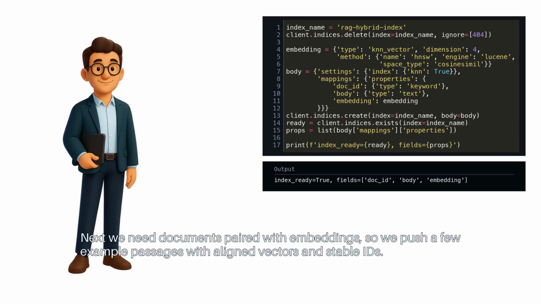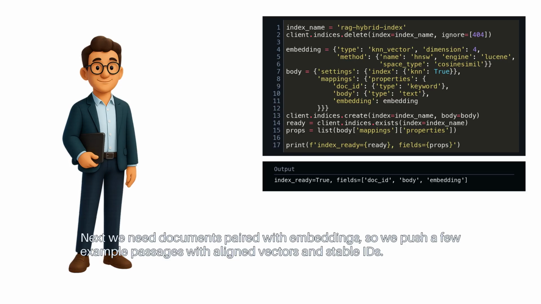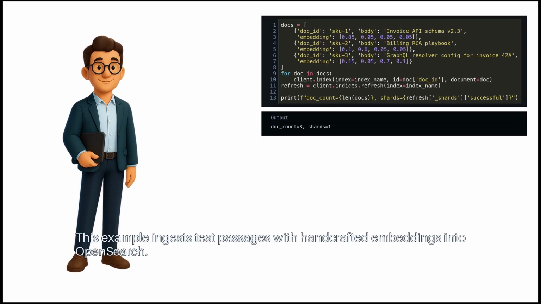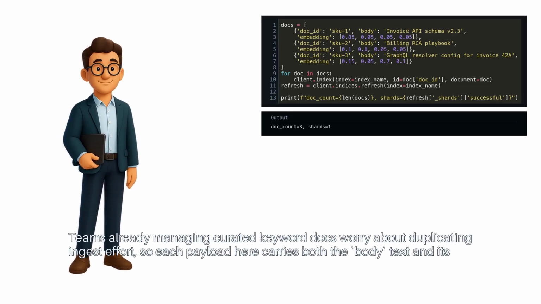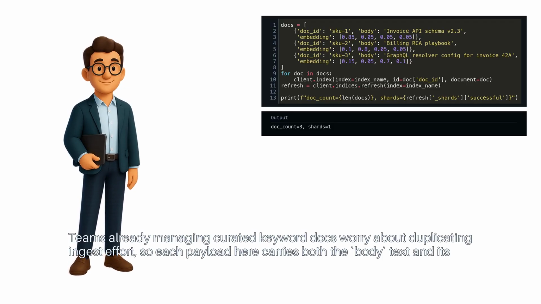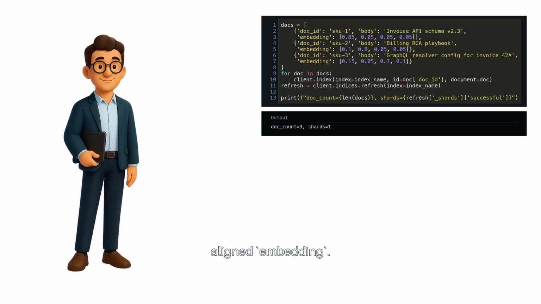Next, we need documents paired with embeddings, so we push a few example passages with aligned vectors and stable IDs. This example ingests test passages with handcrafted embeddings into OpenSearch. Teams already managing curated keyword docs worry about duplicating ingest effort, so each payload here carries both the body text and its aligned embedding.